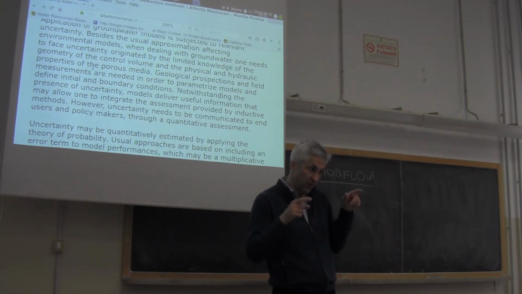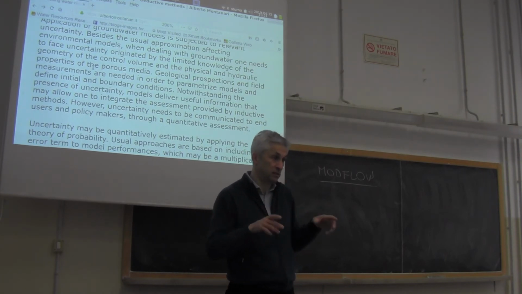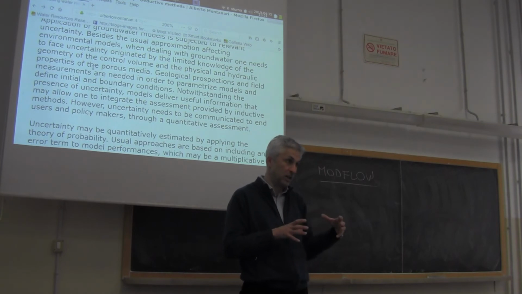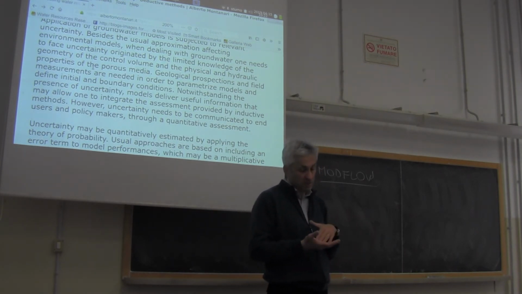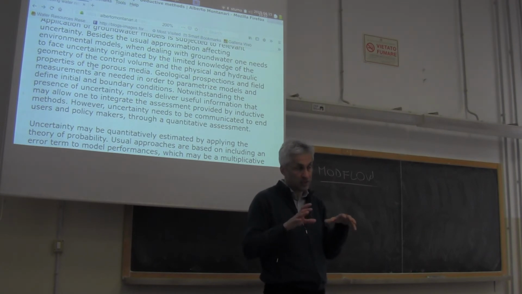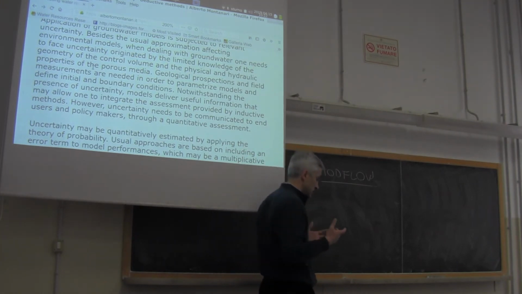So if you want to define the single well or battery of wells at the single location and you want to study it, it becomes more complicated because you are reducing the spatial scale, which means that one has to define the behavior of the aquifer at a very fine spatial scale, which is more complicated. But when you enlarge the scales, uncertainty is reduced.